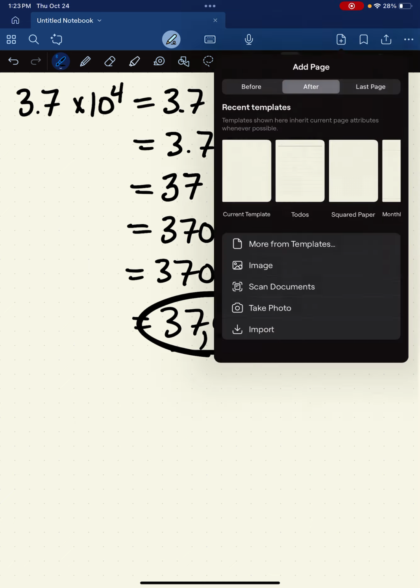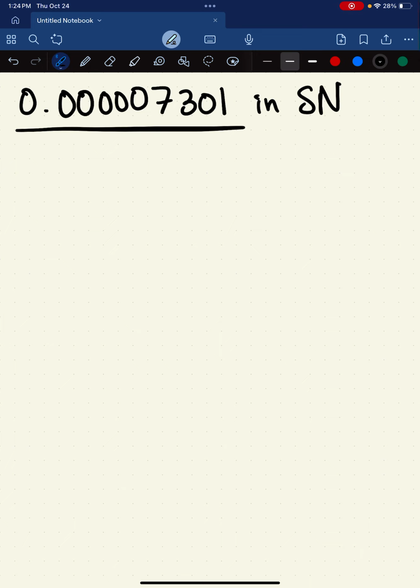Okay. Next example. Let's write 0.000007301 in scientific notation. So the question we have is, how many times do we have to multiply by 10 to get this number between 1 and 10?